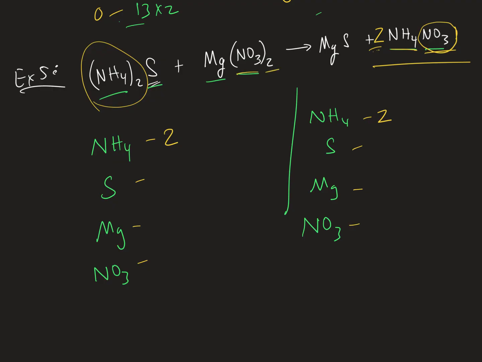Oh, we have 2 on this side as well. Cool. And then, well, since I'm here, I'm just going to count the magnesiums. 1 on this side, 1 on that side. Great. 1 sulfur, 1 sulfur. Hallelujah. Now, could we just count all the nitrogens, hydrogens, sulfurs, magnesiums, and oxygens separately? You can. Do you want to try it, just to see what it looks like?